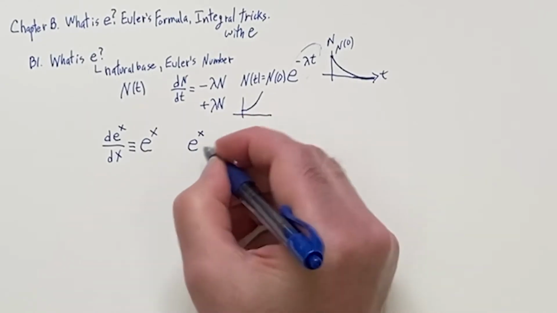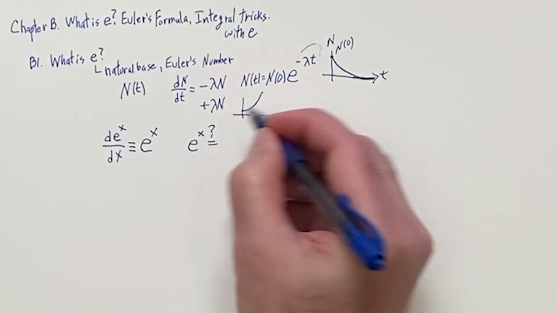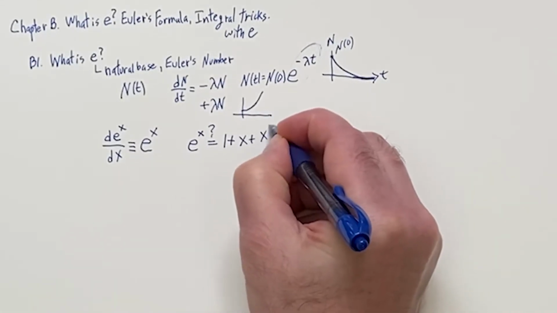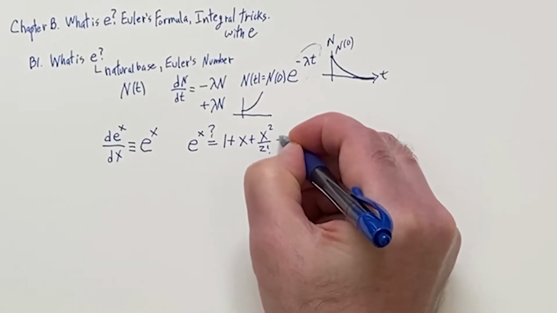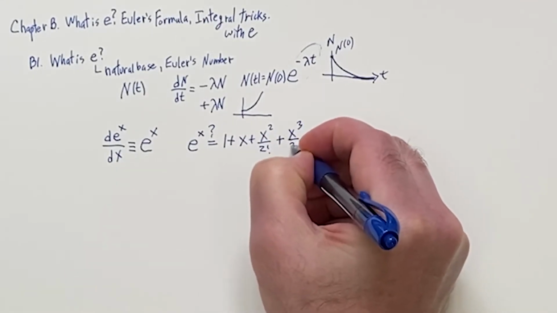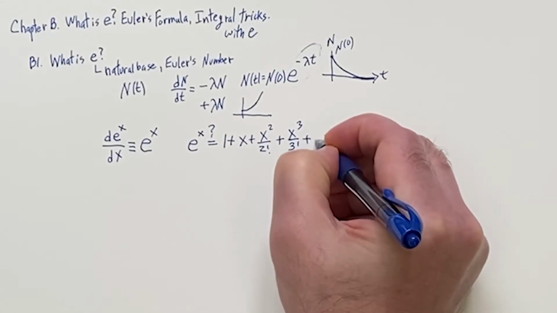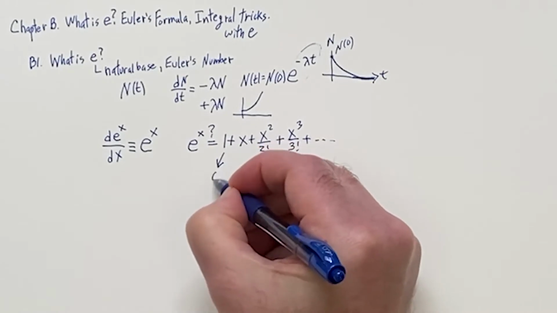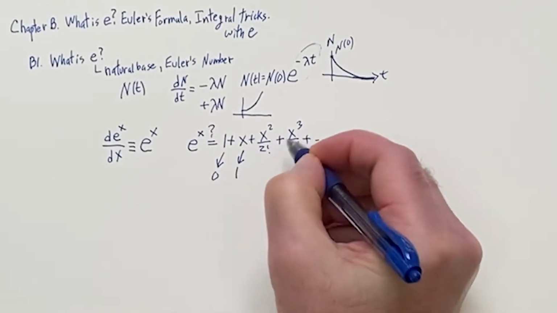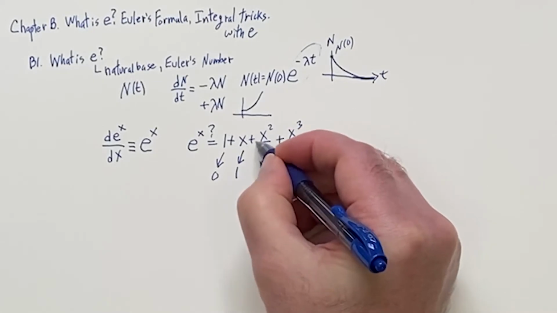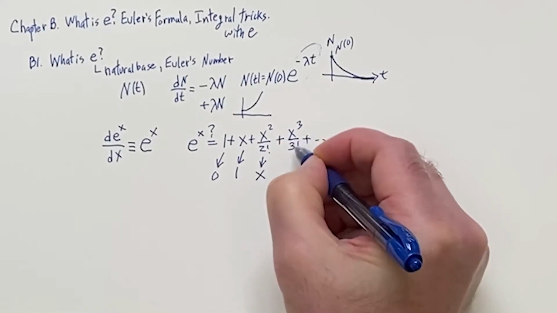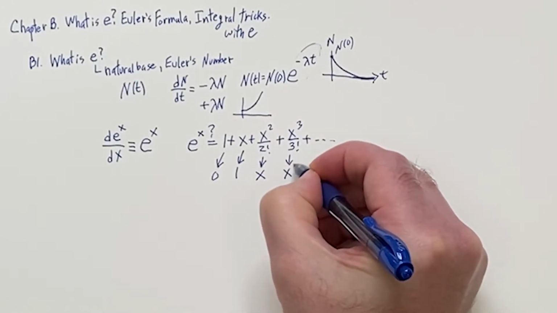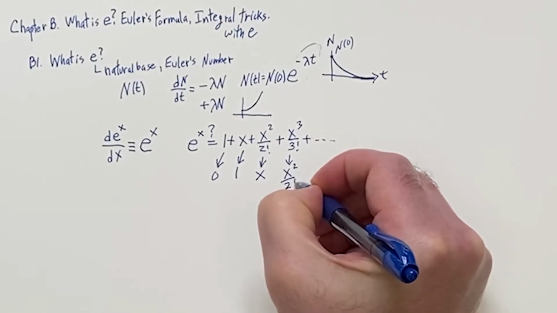Watch this. If you have a power series, and say we don't know this yet, but say if you have 1 plus x plus x squared over 2 factorial plus x cubed over 3 factorial plus ... When you take a derivative, this will go to 0. This will become 1. This will pull the 2 down, cancel the 2, you'll get x. And this one, the 3 will cancel, and you'll get x squared over 2 factorial.